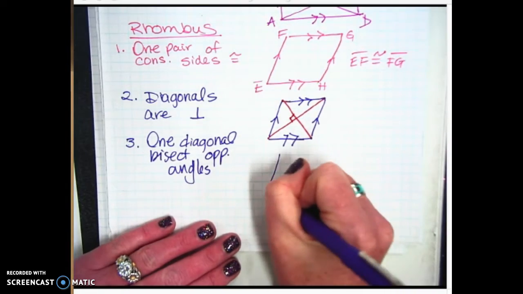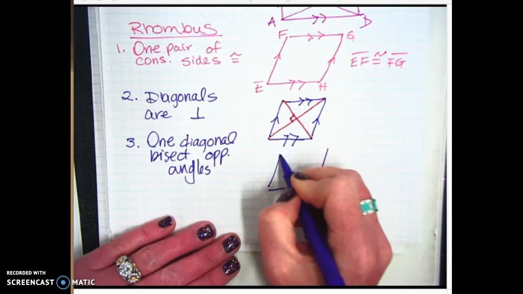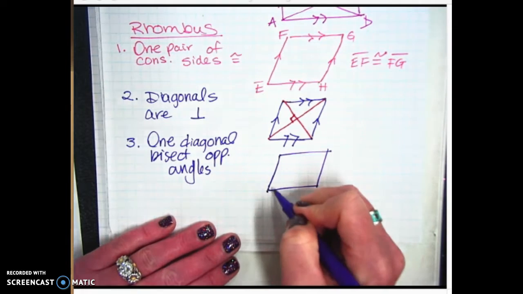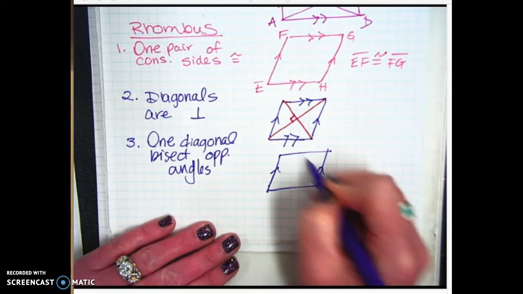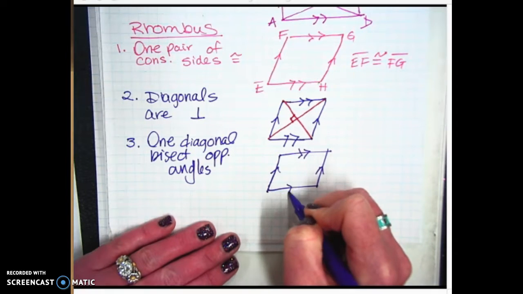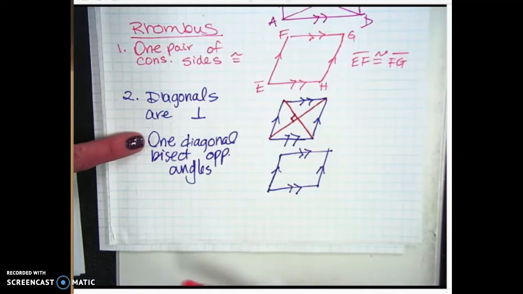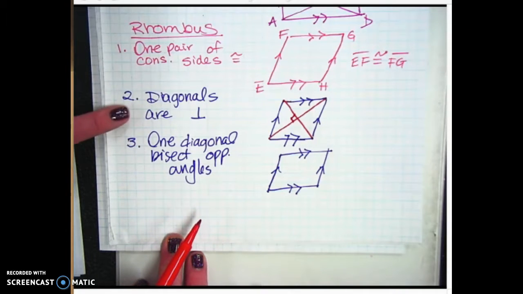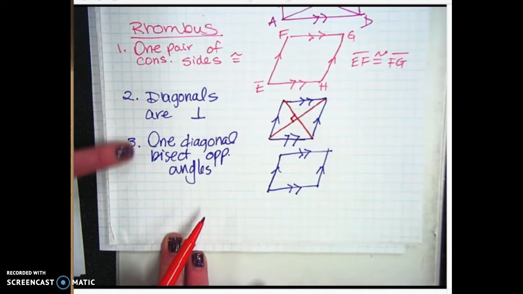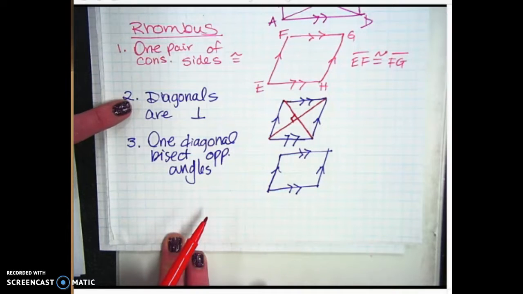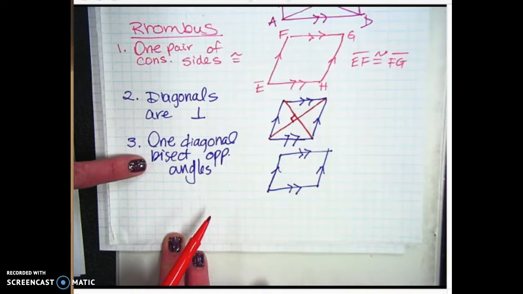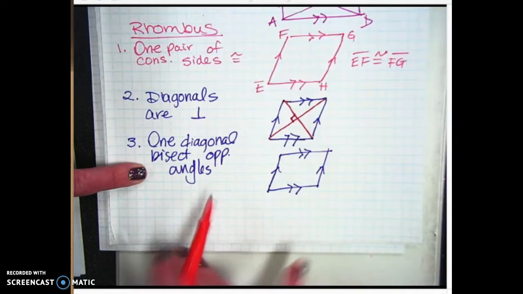So we draw another rhombus, with opposite sides parallel. This time we only have to draw in one diagonal, but when you see it drawn, you'll probably see two, because they're going to try and mix you up with these two conditions. They're similar. This one is that they're perpendicular. This one is that it's bisecting an angle.